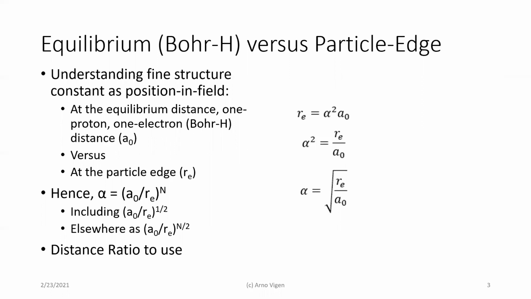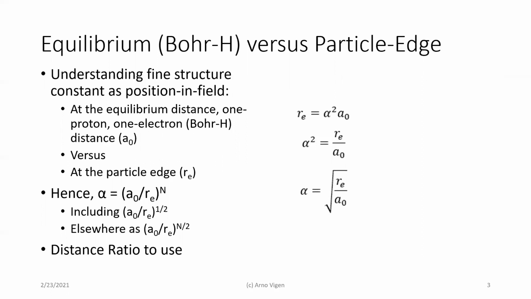It's called the symbol A sub O. Now, the real thing is that in my field acceleration physics stack, I analyze all things based upon their position in the field. So that settling distance versus the particle edge is an important scaling factor.